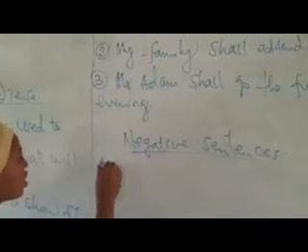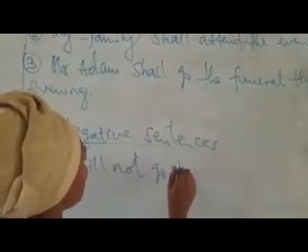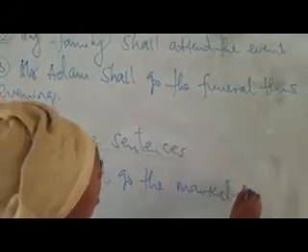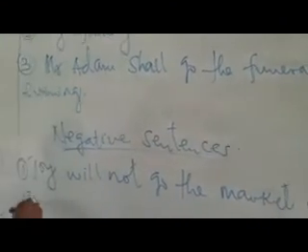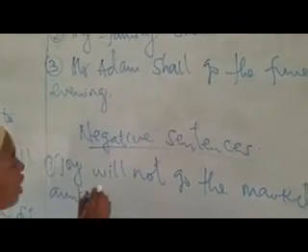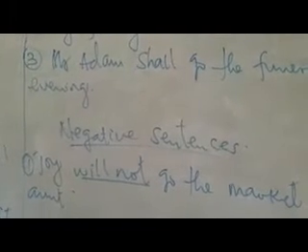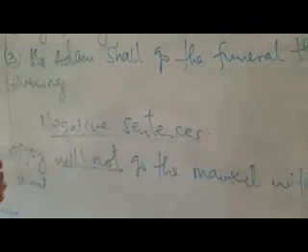Joy will not go to the market with her aunt. Now the words will not talk about negative sentences. Is that clear?